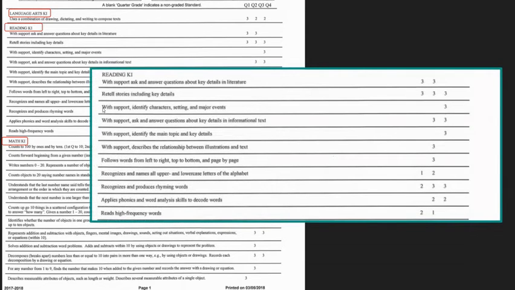Each standard indicates the concept or skill that a student is expected to acquire. And to the right, you'll see their score. You may notice that this score or this grade looks a little different than perhaps the grades you received when you were in school.